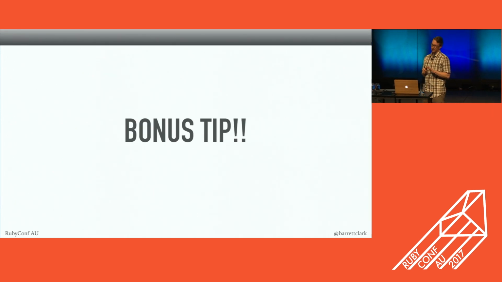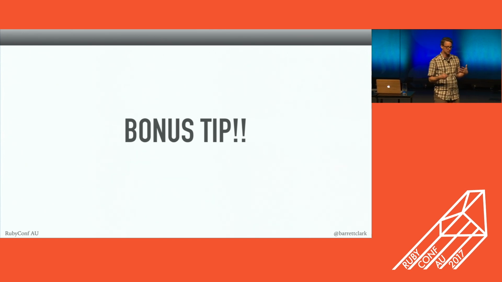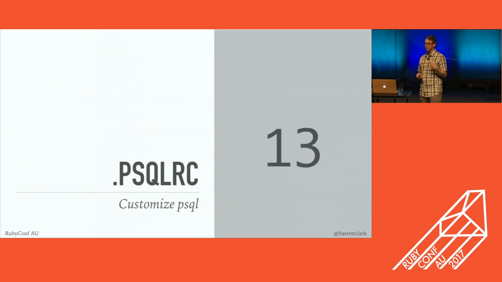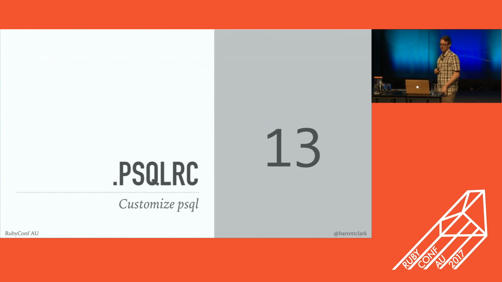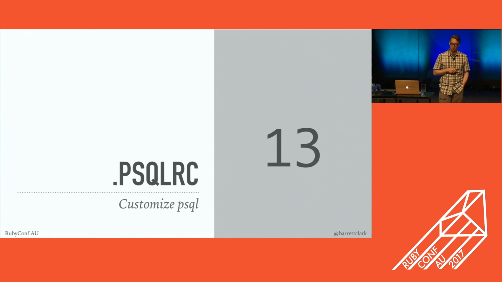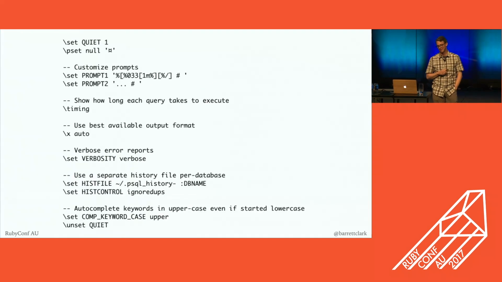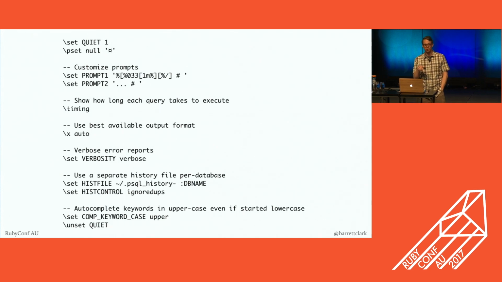Okay, since I panned that one, I feel like I should give you a bonus tip. I always enjoy seeing how people work and how we have our stuff set up. I have good news. You can customize your Postgres command line SQL experience using a .psqlrc file. This is mine. These settings only work when you're using psql on the command line. If you're using a GUI tool like pgAdmin or SQLPro or whatever, they're going to have their own configurations.